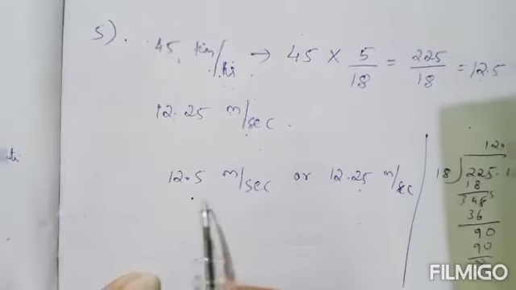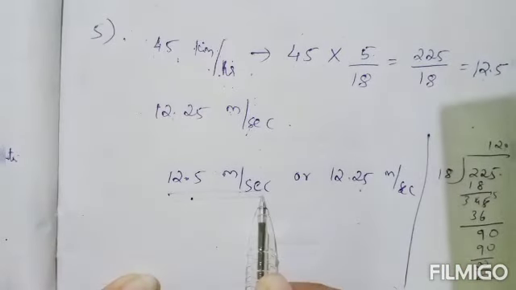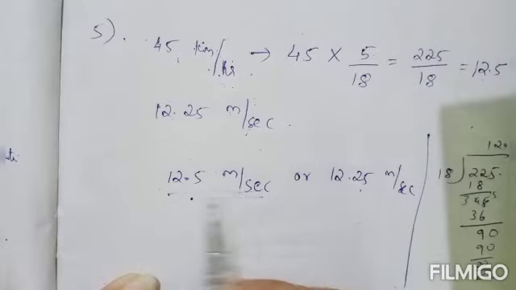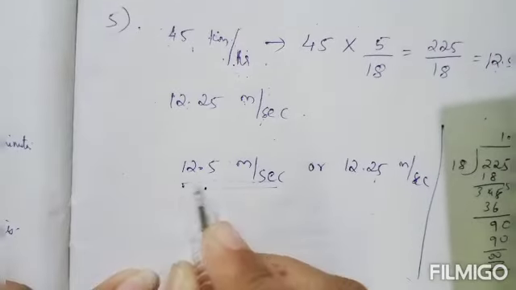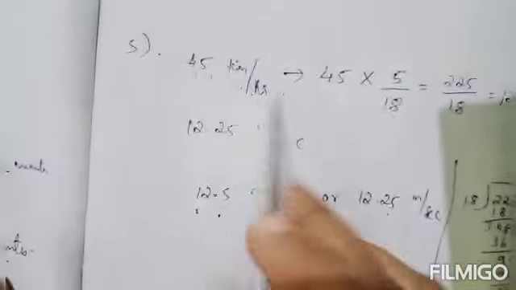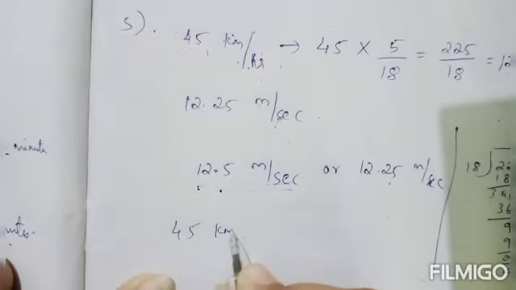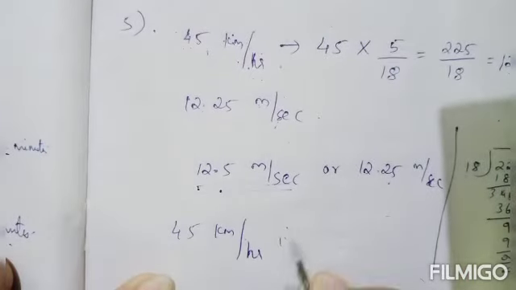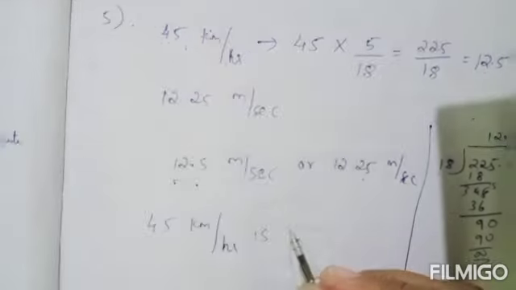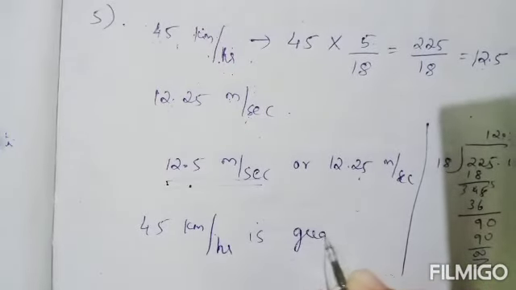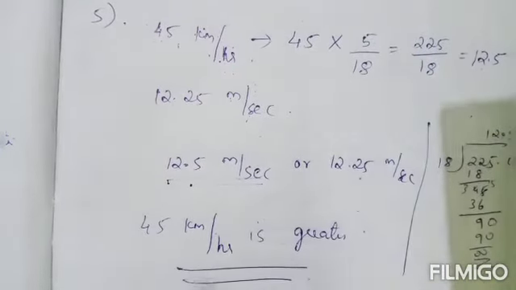Among this is greater speed. Okay, 12.5 meter per second, that is 12.5 meter per second means 45 kilometer per hour is greater. Okay, this speed is greater.